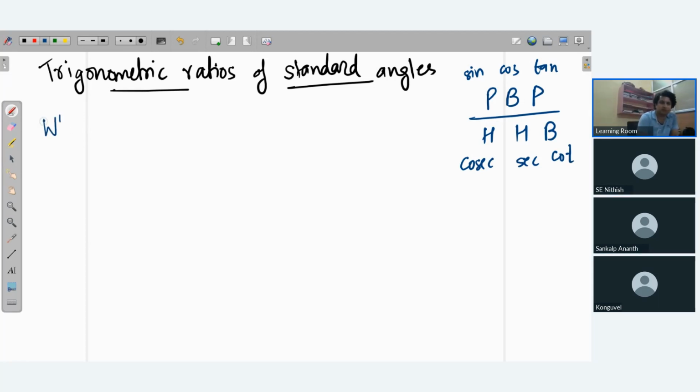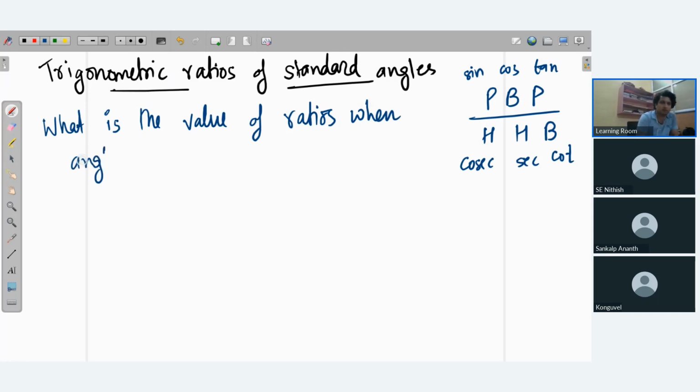the value of ratios when the angle is 30 degrees and 60 degrees.